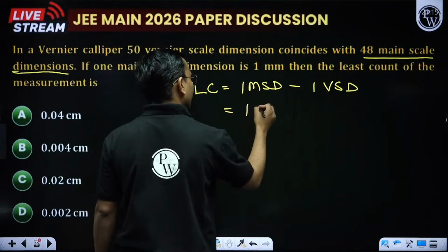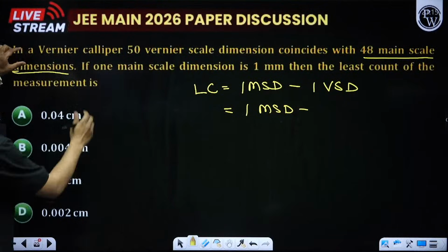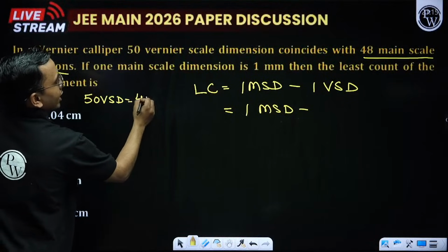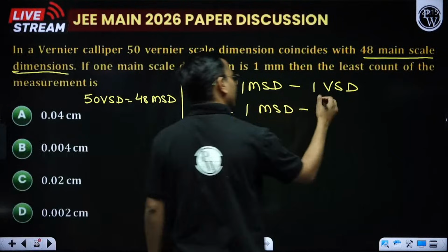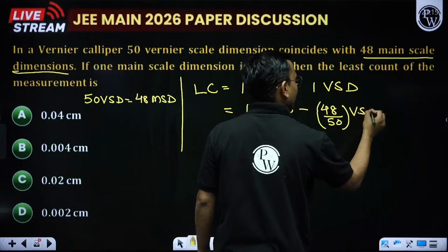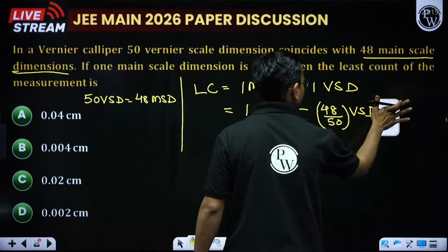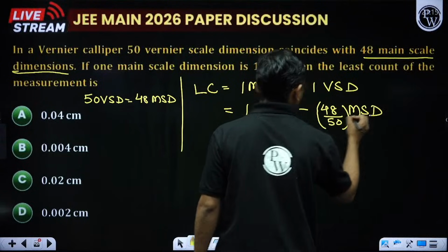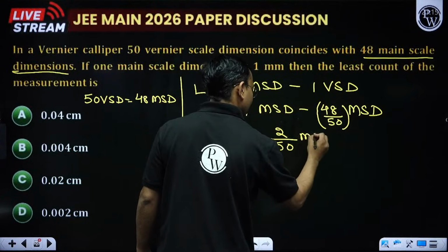Okay, so 1 main scale division minus, what is vernier scale division relation? 50 VSD is equals to 48 MSD. So 1 VSD is 48 by 50 MSD. And this becomes 2 divided by 50 MSD.